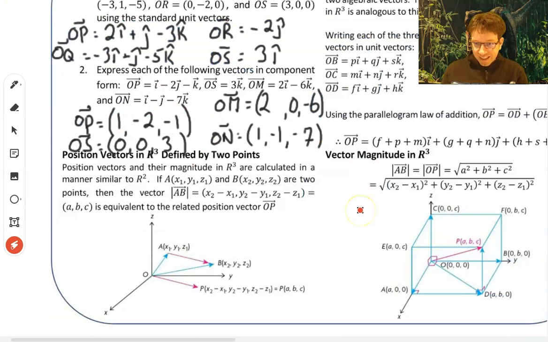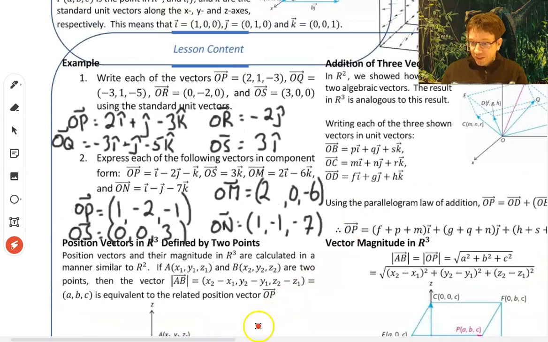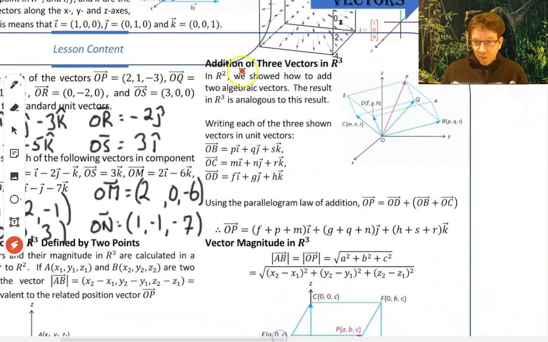Just like in yesterday's lesson, we can do a couple of other things. One, we can add vectors in R3. R3 just means 3 dimensions. For example, if we had a vector OB, OC, and OD, we could add them all.